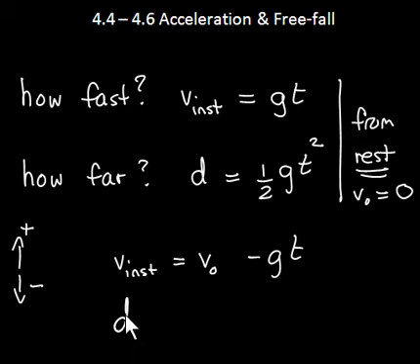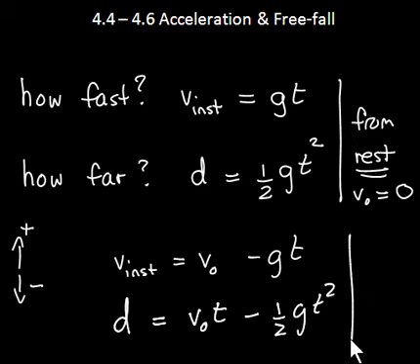The distance is going to be v0 times t minus 1/2 gt squared. So these two are for v0 not equal to 0. And when we worked with those on those concept development sheets today, they're not as important for this course as these two equations up here.